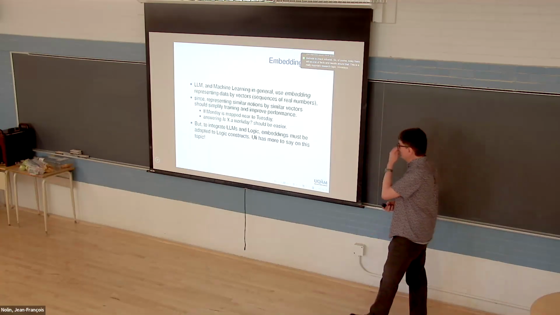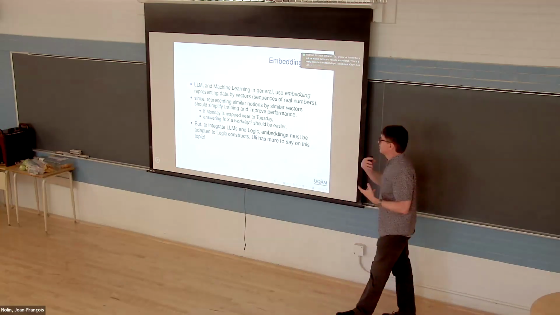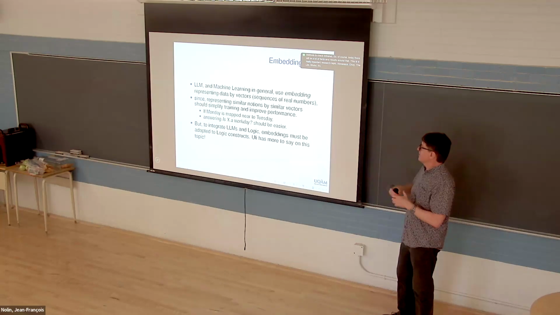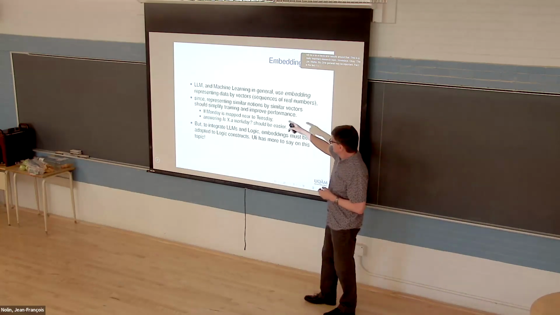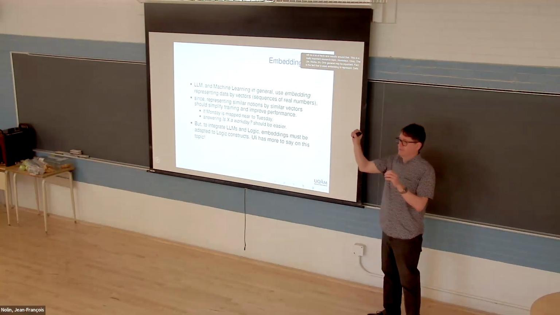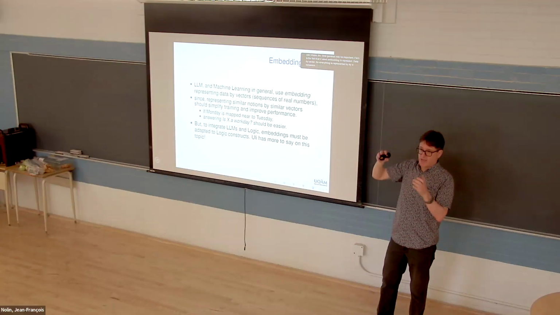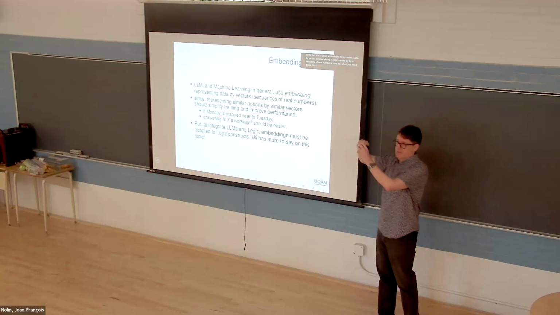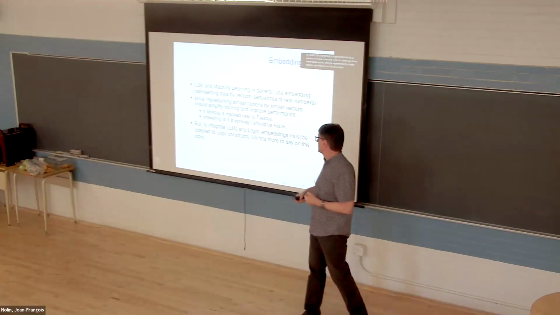Okay. So how does the LLM work? One general, maybe important fact is that it uses embeddings to represent data by vectors. So everything is represented by a sequence of real numbers. And so when you have these words, they're represented by these vectors, and this is how it's processed algorithmically.